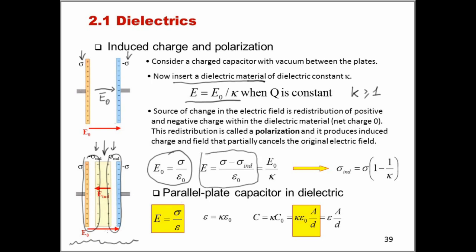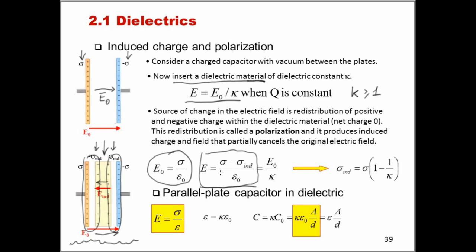Or qualitatively, we can also just look at the direction of the fields. So E0 goes in this direction, and the induced electric field due to polarization goes in this direction. It is obviously a little bit smaller. So the total electric field is still in the direction of E0, but is a bit smaller. And this is put into a formula in this way.